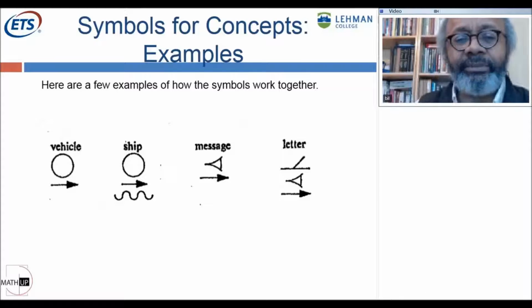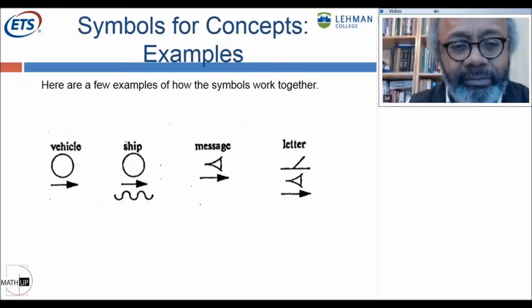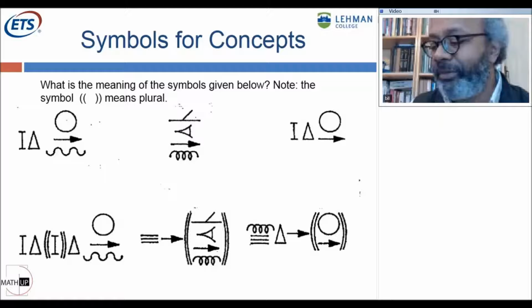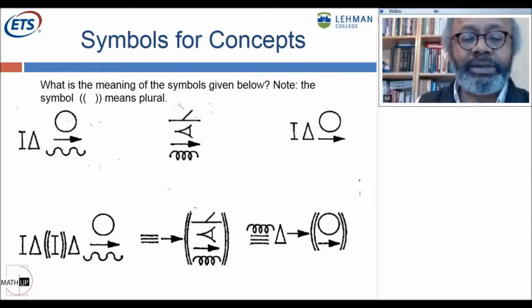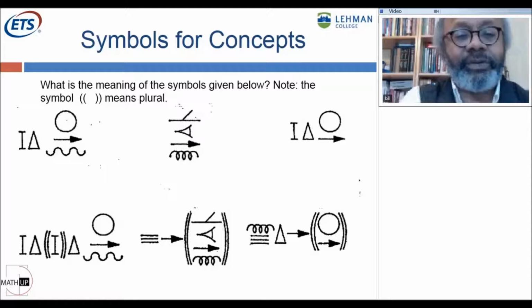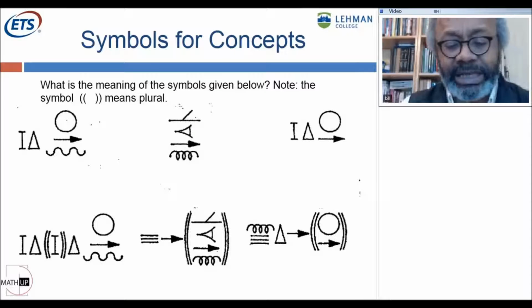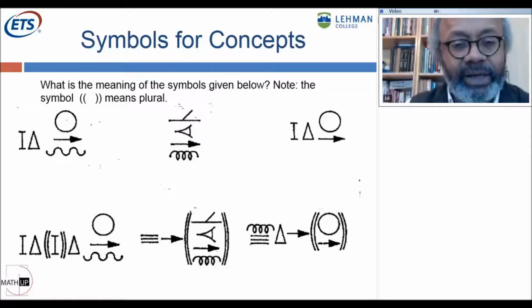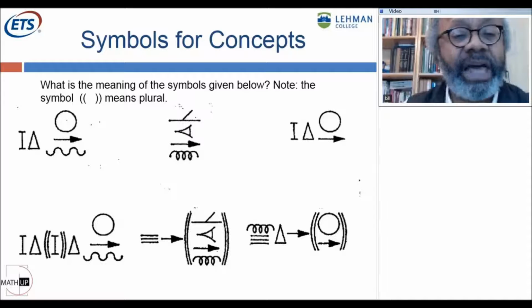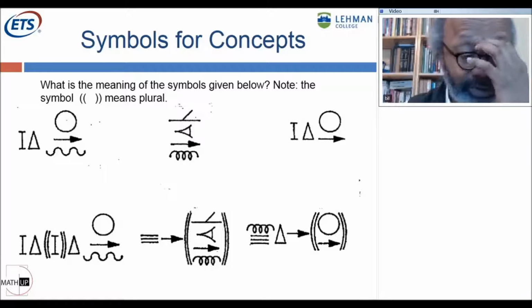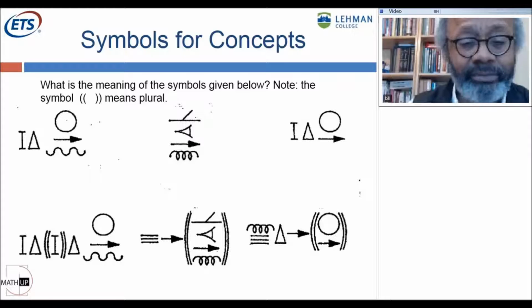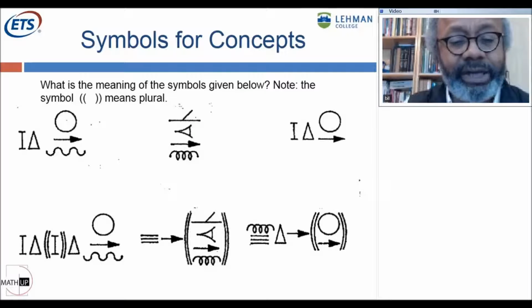So, given those examples as hints, the problem that we ask people to consider is what these symbols given below mean, and I should point out that this kind of double parentheses, he also introduces, and by that he simply means plural, more than one. So we had a little discussion during the webinar about what these symbols mean, and let me share the upshot of that with you.